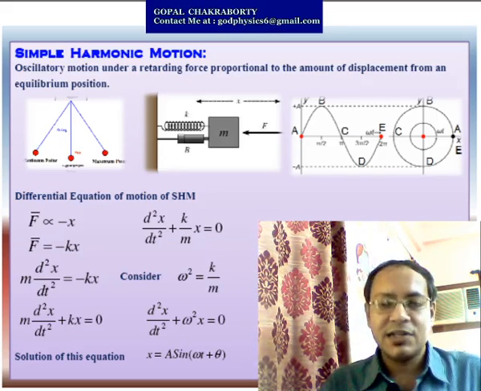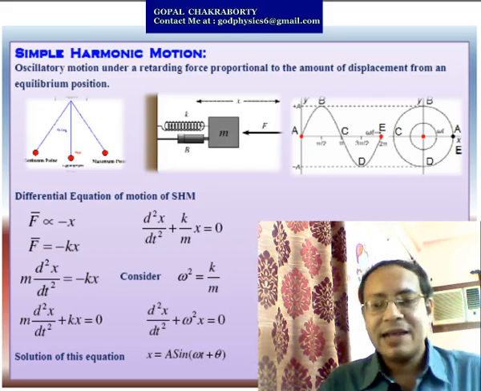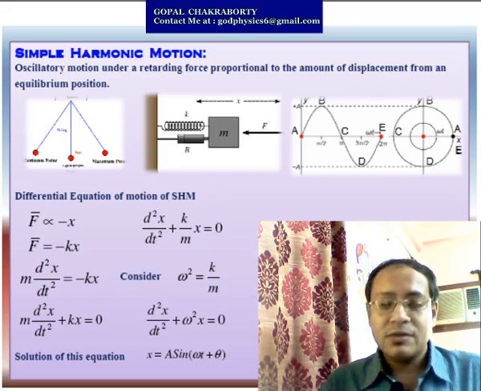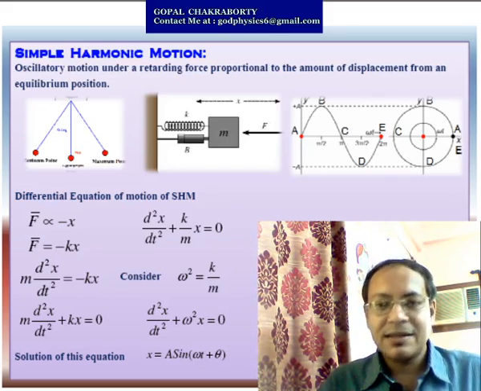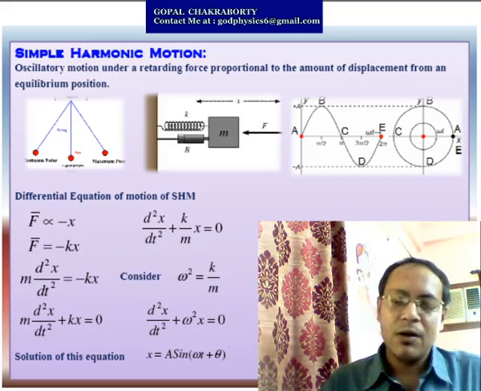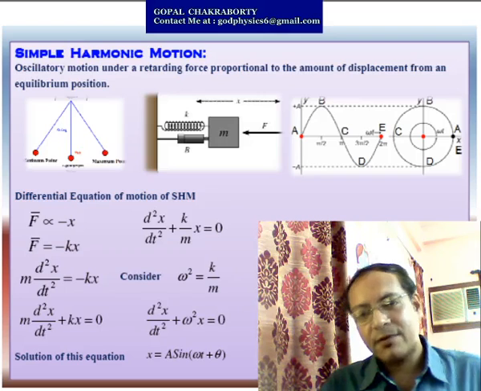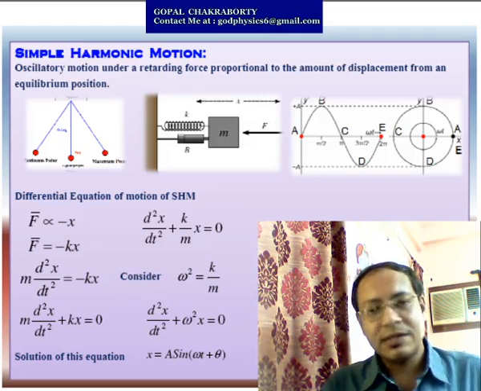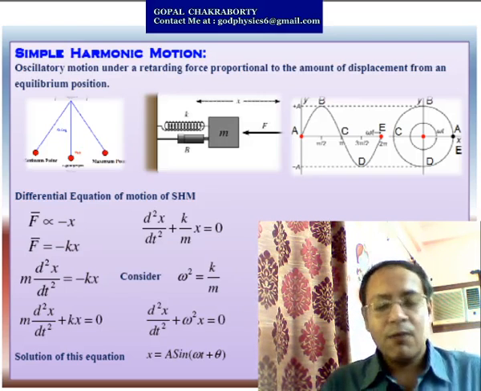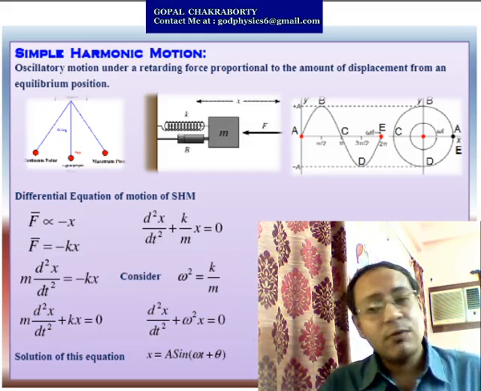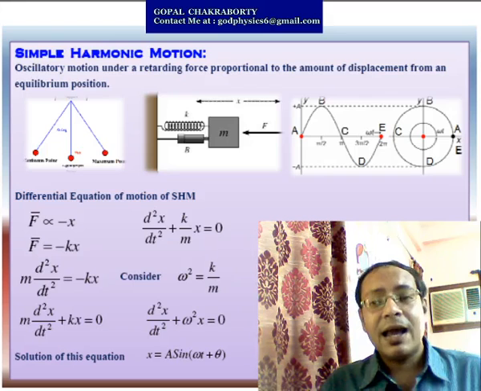So nu can be written as omega by 2 pi. So using this equation, you can easily find out the displacement of a particle executing simple harmonic motion, the natural frequency of that particle, and also the corresponding time period.